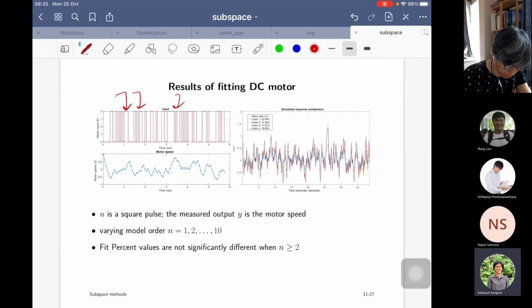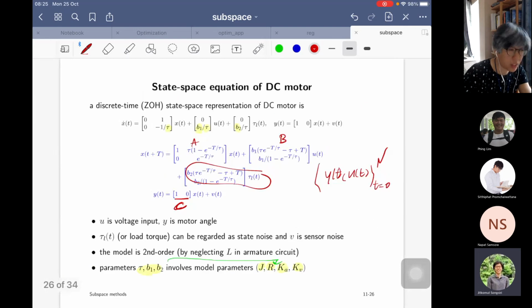Even though we know that this equation has the output as motor angle, if you want the output as the motor velocity, what would you do? What would you change in the system equation? Napat?